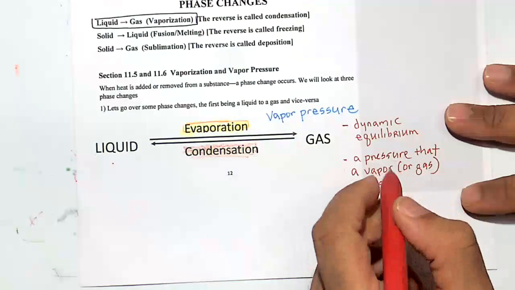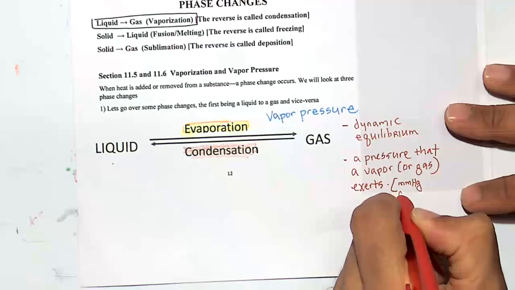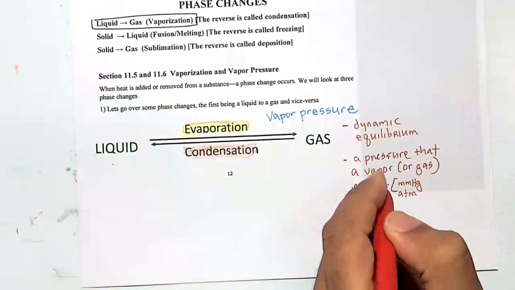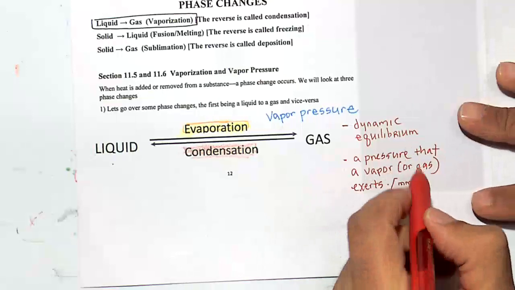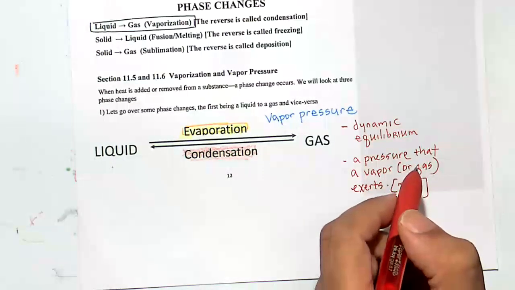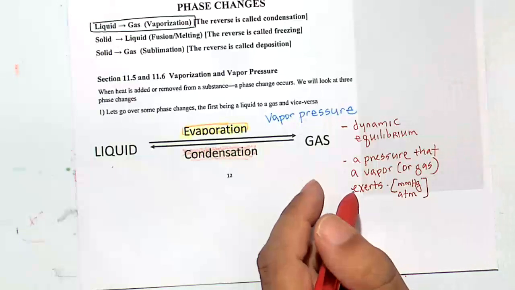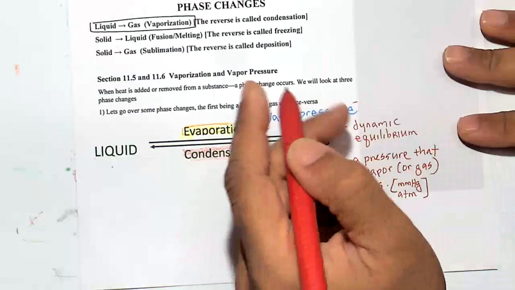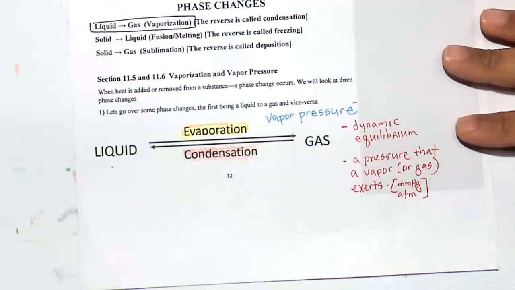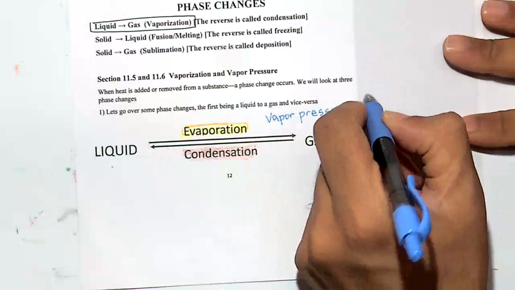You remember this from Chem 1. We can have units of pressure like millimeter of mercury, atmosphere. It's a pressure because it's a gas sitting on a liquid, and it gives a pressure. So that is vapor pressure: the pressure the vapor exerts. Let's write that down. It's a pressure that the gas exerts on the liquid.